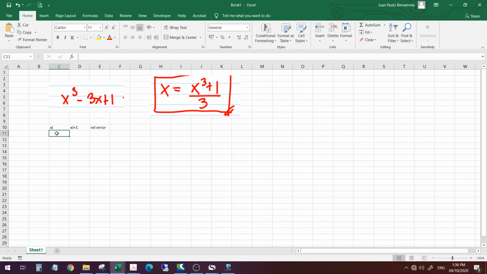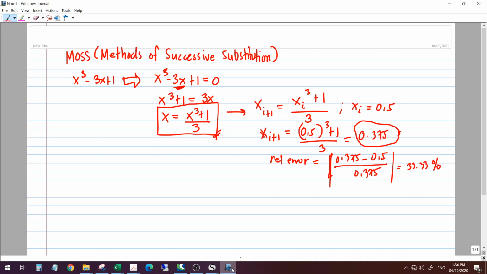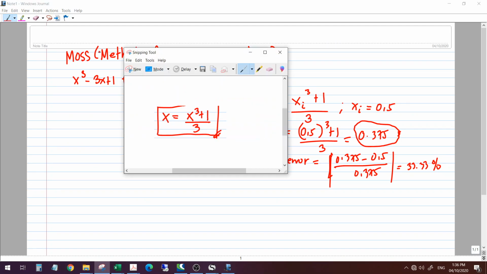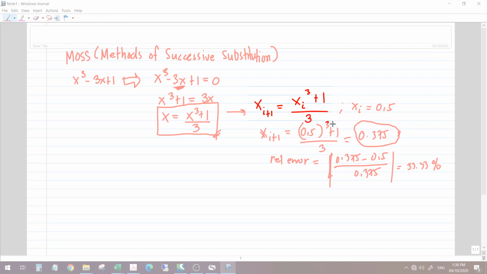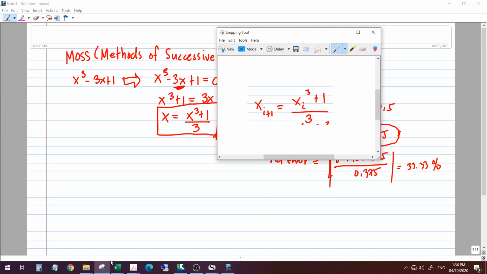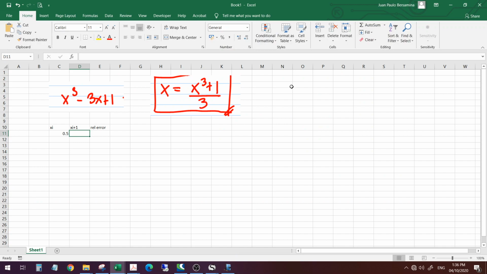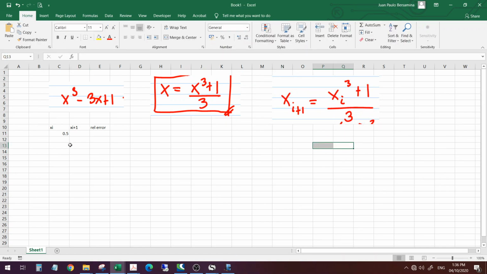Okay, so our x sub i is 0.5, the initial, and then our x sub i plus 1 is according to this equation, equals x sub i cubed plus 1 all over 3.